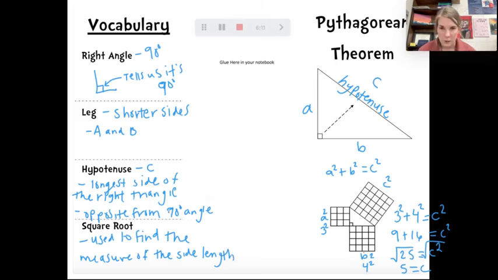Okay, and I want you to put the little symbol in here so you can remember. It looks like that. Okay, alrighty, moving on.